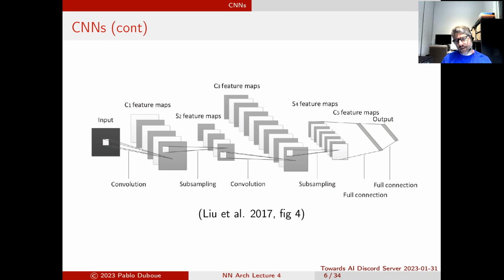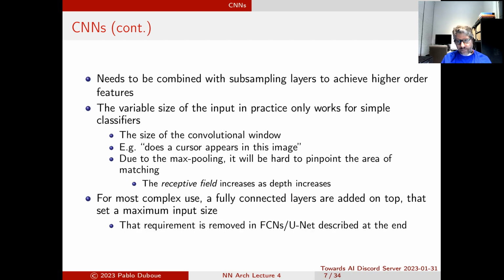After that, the initial architectures were taking the feature maps at a certain level and running them into a fully connected network to do different tasks. So the CNNs are used for feature generation, and the result of those features are then fed into a fully connected network.